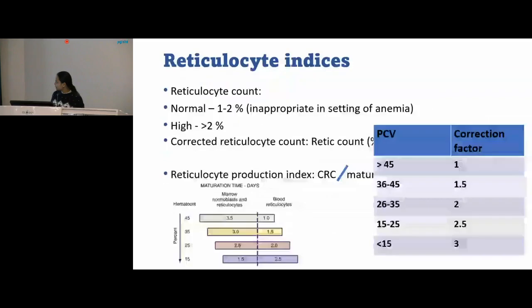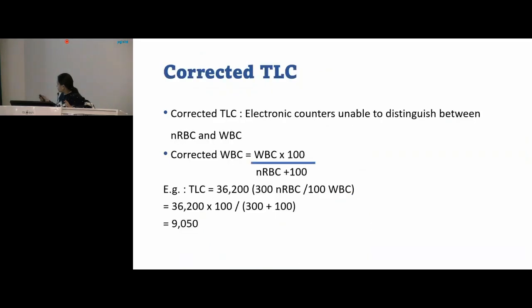Reticulocyte production index is basically to find out the marrow response. Sometimes when you're having severe anemia, the maturation time of reticulocytes will reduce and they are prematurely released into the circulation. That is the reason why for different hematocrits the correction factor is differing.